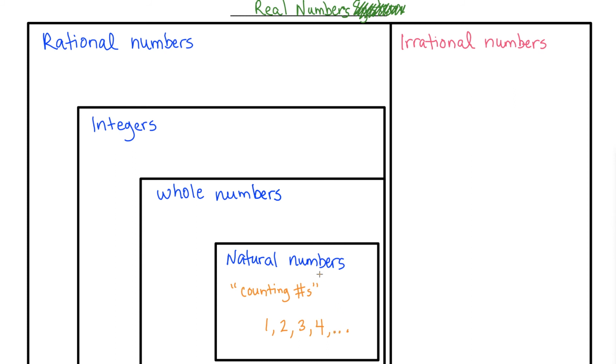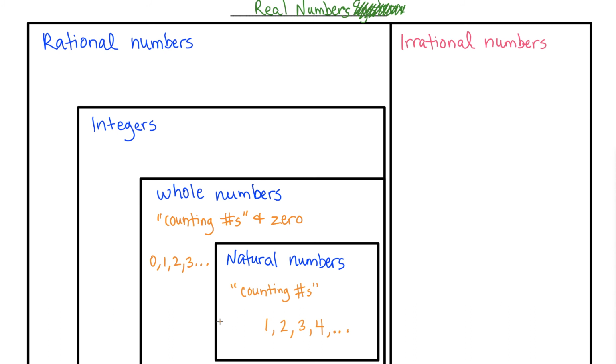Now, remember, natural numbers are a type of whole number. Whole numbers are going to be your counting numbers, like 1, 2, 3, 4, and 0. So it would be 0, 1, 2, 3, and it keeps going.